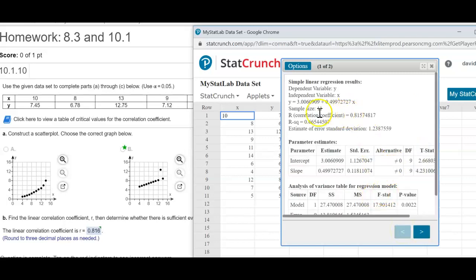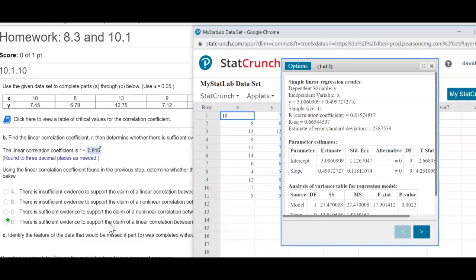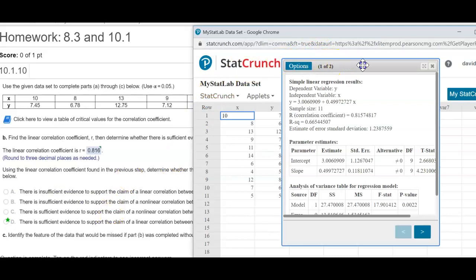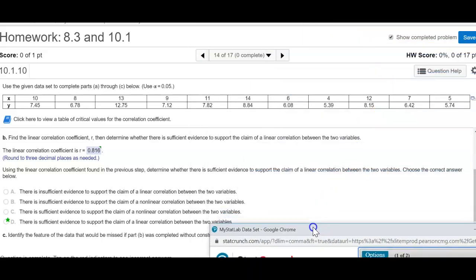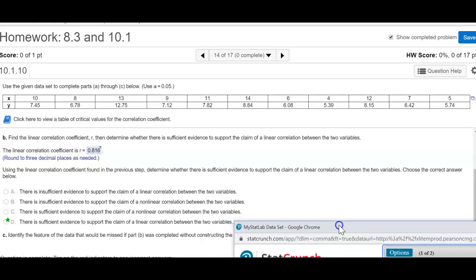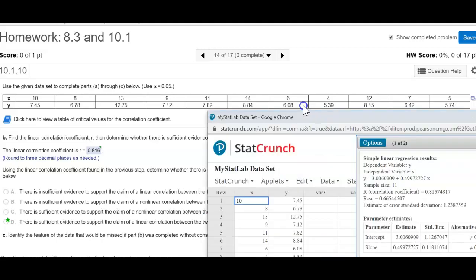You can see the correlation coefficient is 0.81574817, which rounds to 0.816, which again they asked for. And then, using that linear correlation found in the previous step, determine whether there's sufficient evidence to support the claim of a linear correlation between the two variables.